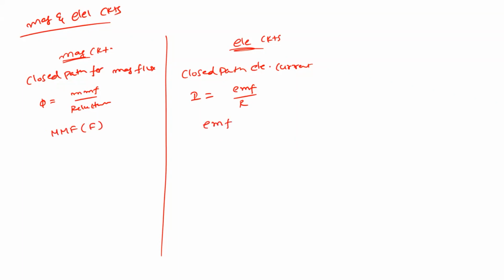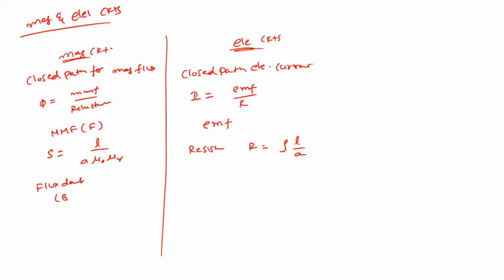You have this reluctance, which is L by A into mu naught mu R, and here we have resistance R equal to rho into L by A, right?